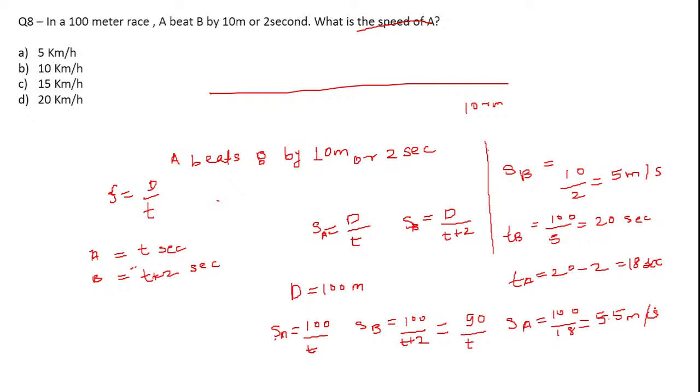To convert to kmph, 5.5 converts to, if we calculate this, 19.8 kilometer per hour. We just need to multiply by 1000 and divide by 3600. So this is our correct answer. I will explain this to you again for better clarity.